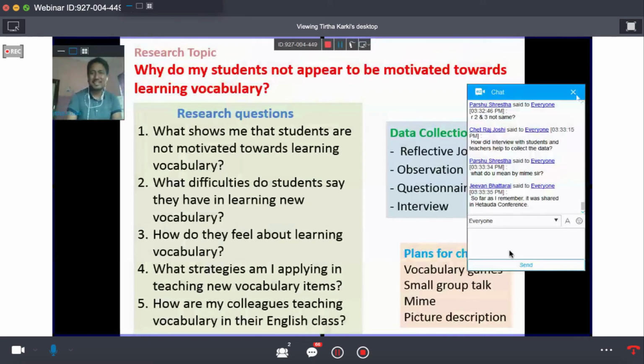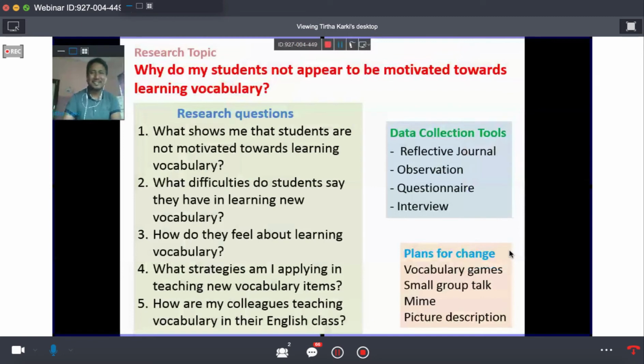And Persu sir's question is, what do you mean by mime? Okay, mime is a demonstration of any action without words. It can also be made into a group game.